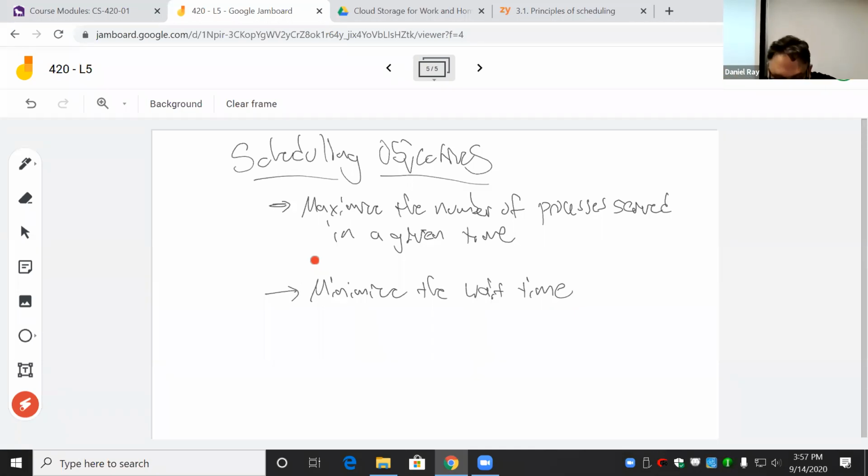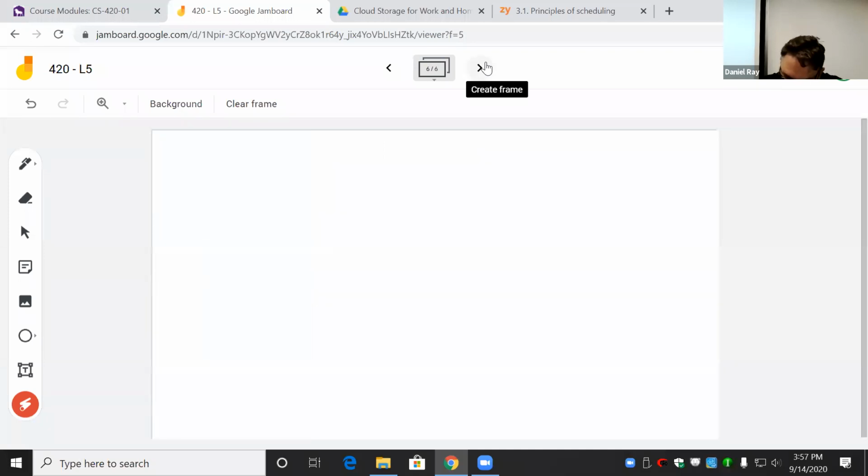And we want to minimize that time, minimize the amount of time that it waits. And that can be defined in a couple of different ways. So I'm going to list these metrics specifically. Metrics for scheduling.